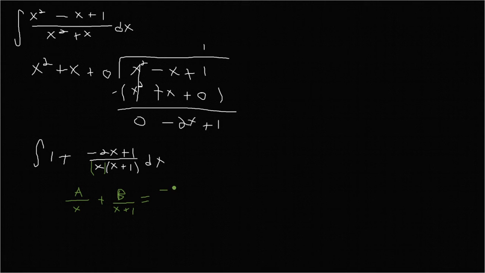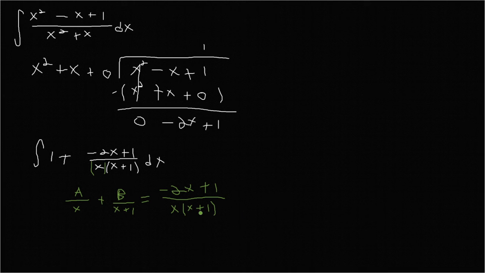So we're going to have negative 2x plus 1 equal to a times x plus 1.